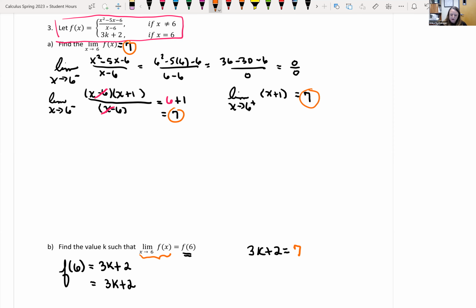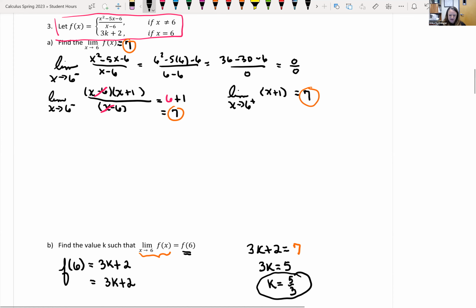So first we subtract 2 on both sides, and we get 3k equals 7 minus 2, which is 5. Divide both sides by 3, we get k is 5/3. So in order for the limit as x approaches 6 of f of x to equal f of 6, that k value needs to be 5/3. So we basically just created it so that this piecewise function would be continuous at x equals 6.